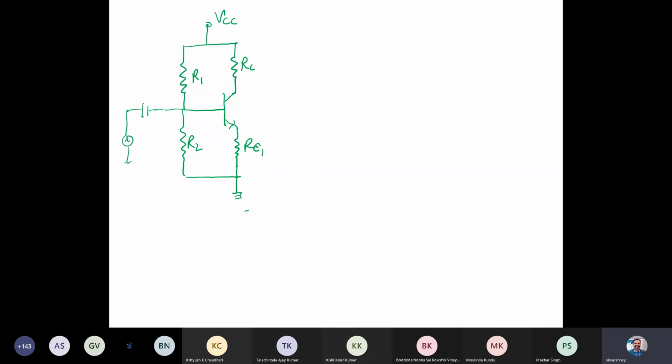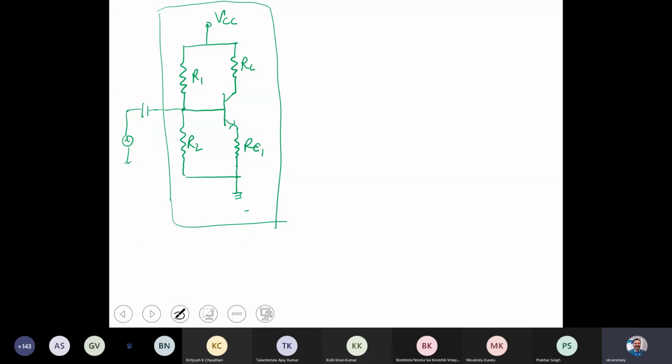for the DC analysis part, this is the circuit one has to consider. Since it's a voltage divider circuit, at this point the Thevenin equivalent voltage would be R2 divided by R1 plus R2, times VCC, right?